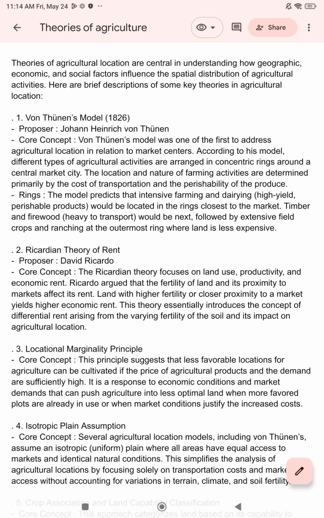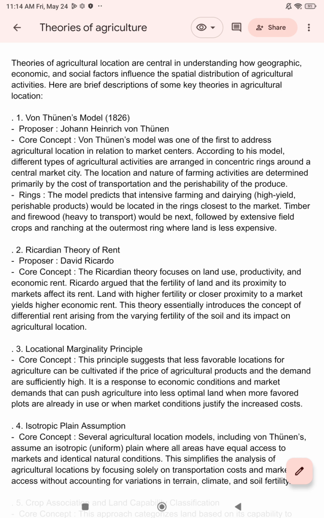The second model is Ricardo's theory of rent. In this model, he proposed that the land use is proportional to the rent that is charged on such land. According to this, land productivity is determining the land use.